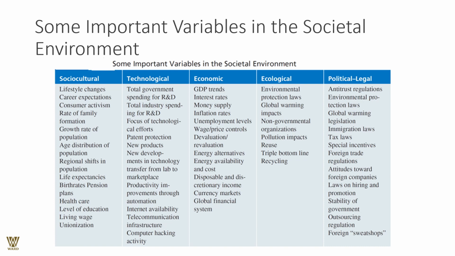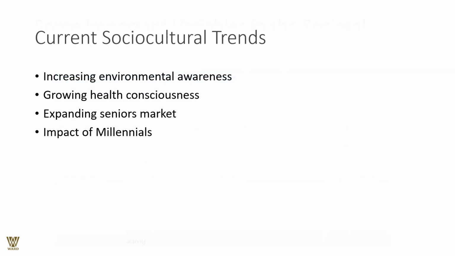The political-legal environment covers antitrust regulations, environmental protection laws, global warming legislation, immigration laws, tax laws, special incentives, foreign trade regulations, attitude towards foreign companies, laws in hiring and promotions, stability of government, outsourcing. We are looking at everything, foreign sweatshops and things like that. So basically the variables in your STEEP analysis are what I've already mentioned.